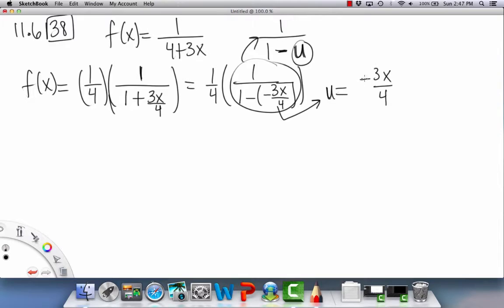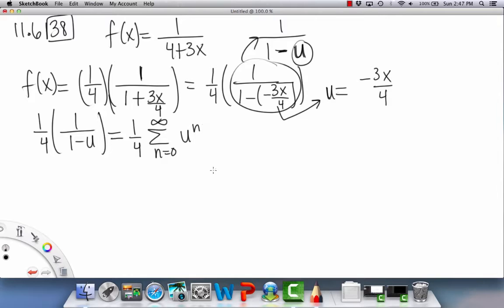Okay, so now what we want to do with this is, let's say we have 1 over 4, and I'll put in the u here. What this turns into is 1 over 4 times, and we can insert our power series, right? It actually translates to u to the n. Remember there was an x there before, but I'm just using u's now.